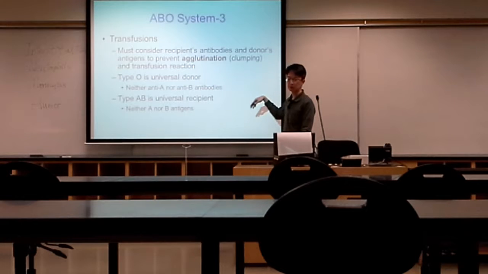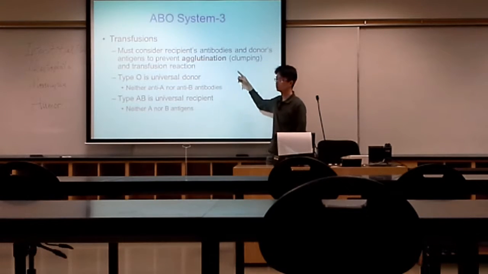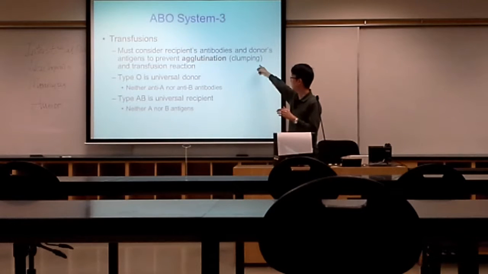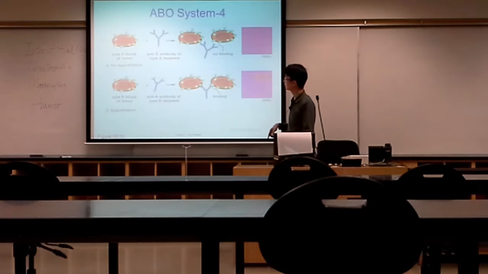Transfusion, we also talk about the compatibility of the blood. The term is called agglutination. Agglutination means that the antibody in the plasma will bind to the blood cell, and because of the binding of the antibody on the blood cell, it will clump those blood cells together, forming like a blood clot. So type O is the universal donor, type AB is the universal recipient.